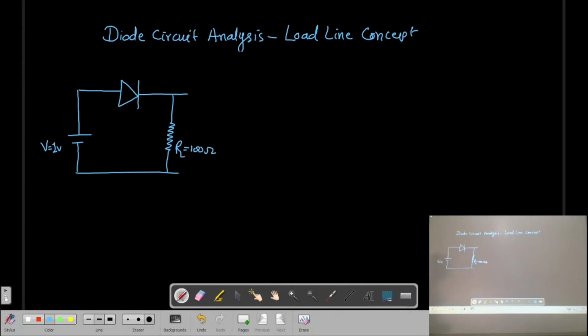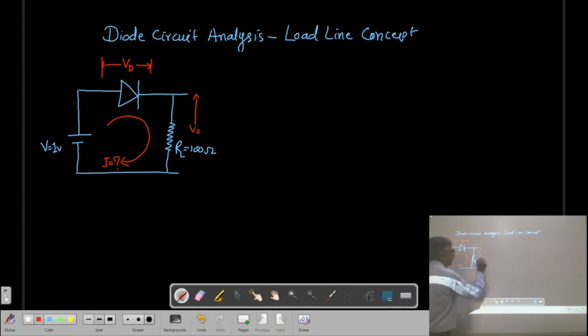Correct? Now in this situation I want to find out how much current is going to flow in this diode, or what is the voltage across the diode, VD, or what is the output voltage across this load resistance RL.